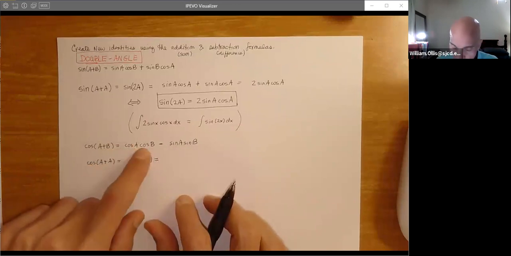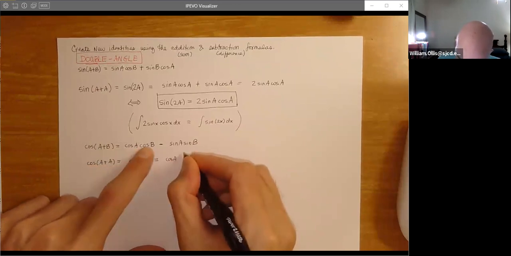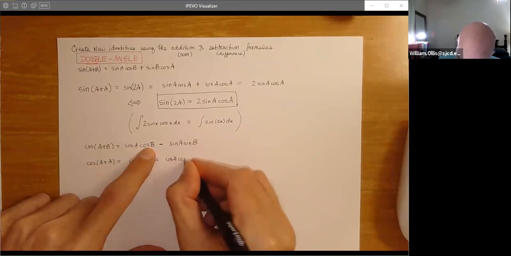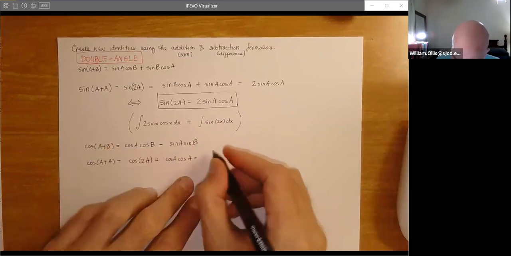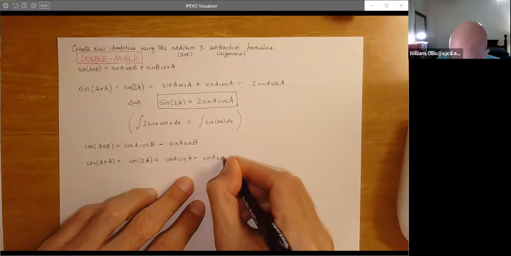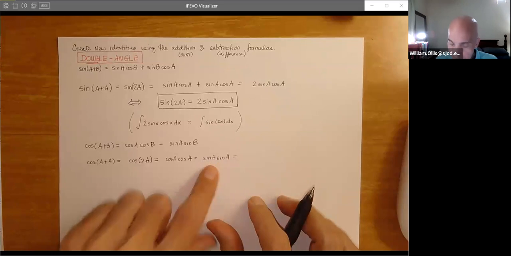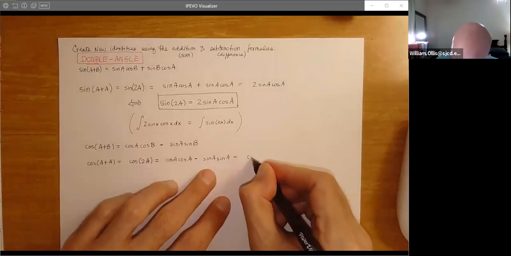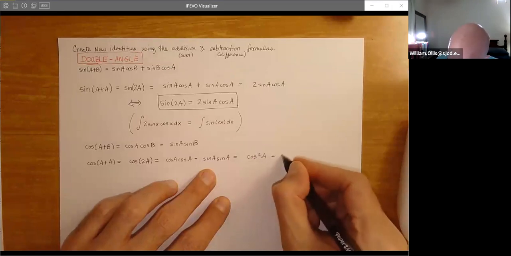So now we just go up here and say, okay, so this is cosine A, cosine A. Of course, B has been replaced with A, so we get sine A, sine A. So that's just cosine squared minus sine squared. It's almost the fundamental identity, but not quite. Got that pesky minus.